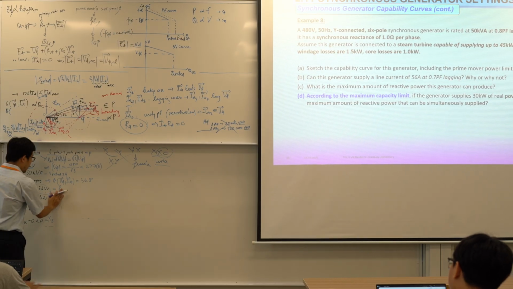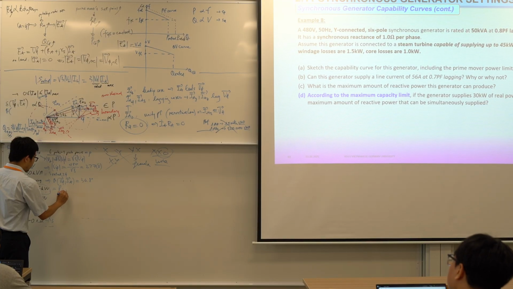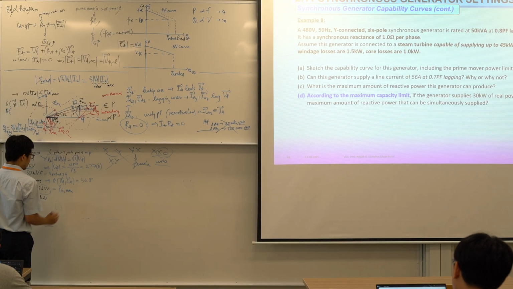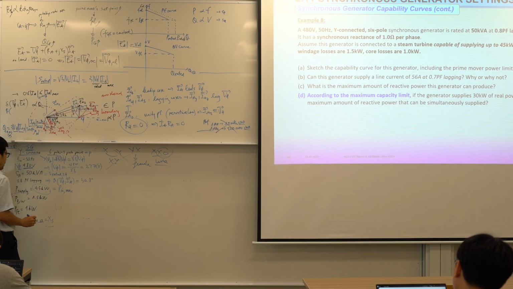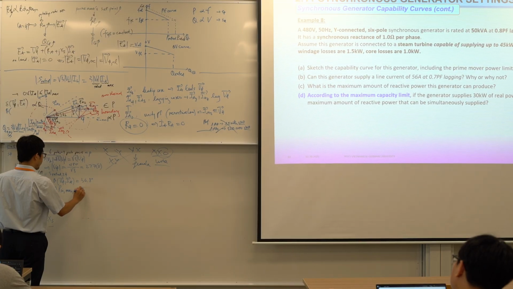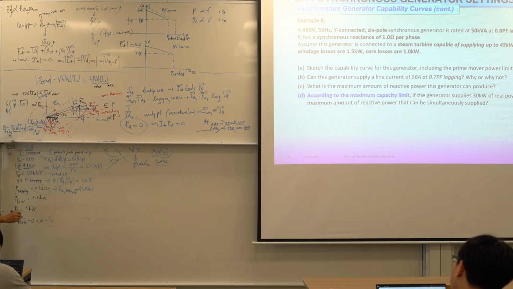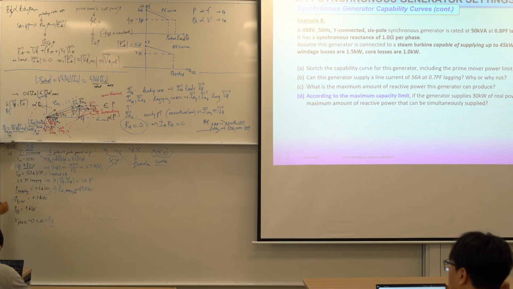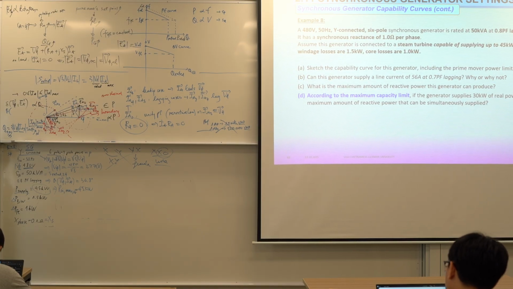So P_in max of the generator is 45 kilowatts. Friction and windage losses are 1.4 kilowatts and core losses are 1 kilowatt.